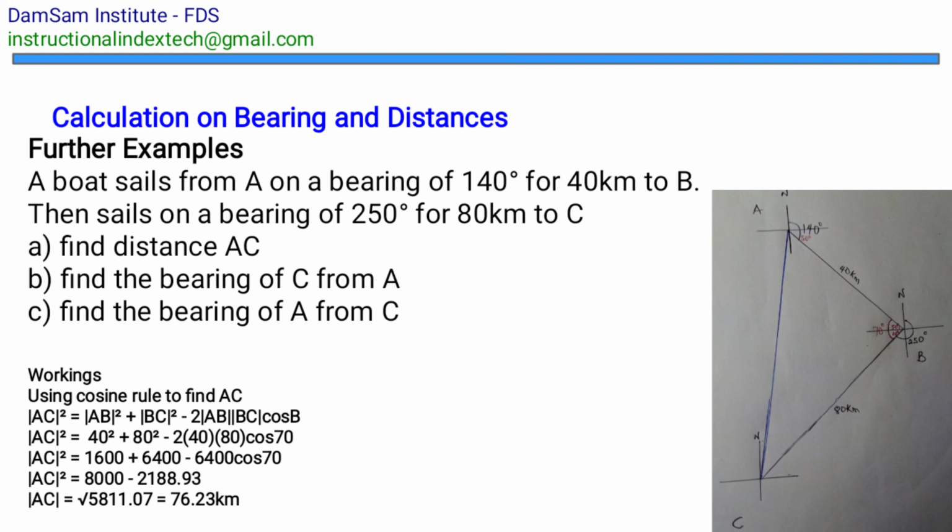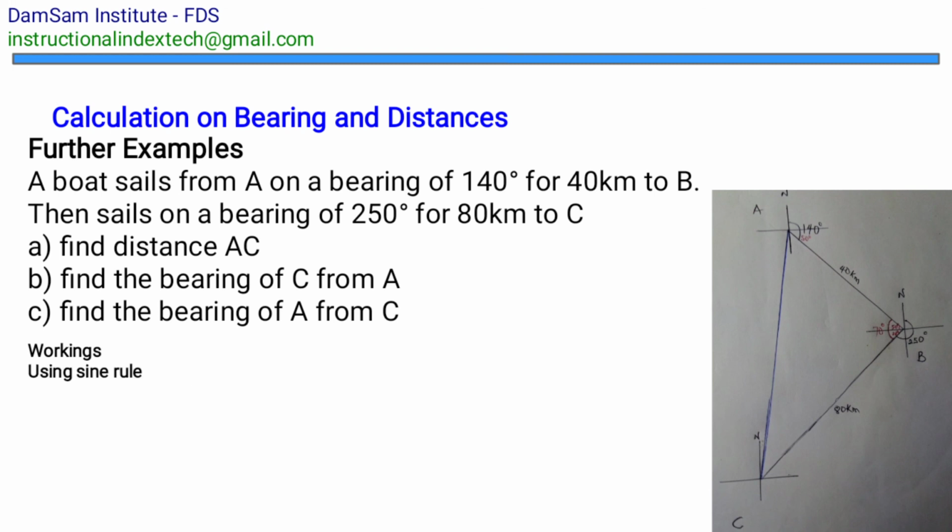So we now write sine B over AC is equal to sine A over BC, which is sine 70 over 76.23, the one facing each other, is equal to sine A over 80, which is equally facing that.